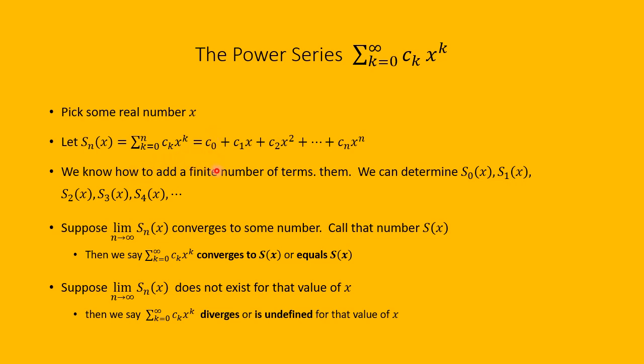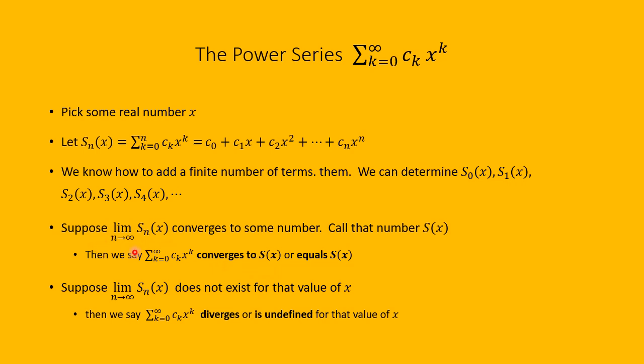Well, we know how to add up a finite number of terms, so we can find the 0th partial sum, the first partial sum, the second, the third, the fourth partial sum, and so forth. And then we just do the same thing as we did earlier. Suppose that for that particular value of x, this limit of the nth partial sum of x converges to some number. Let's call that number s of x.